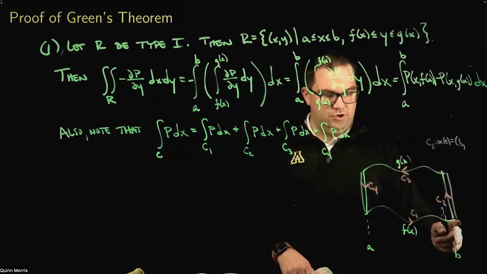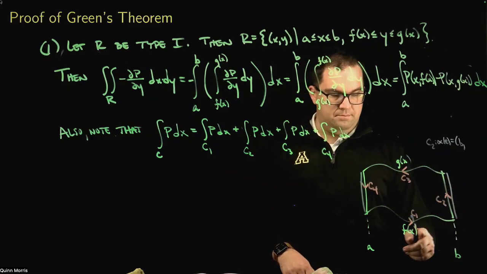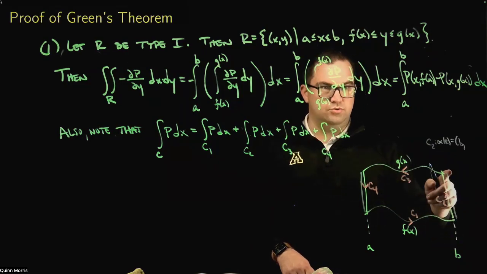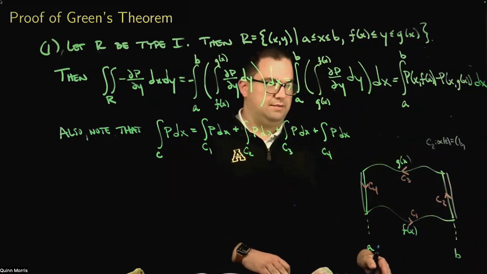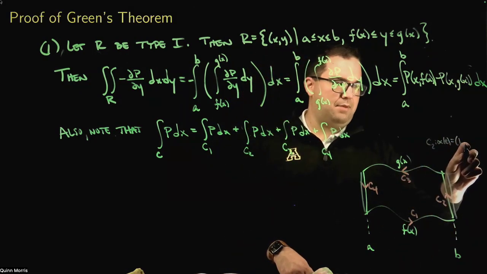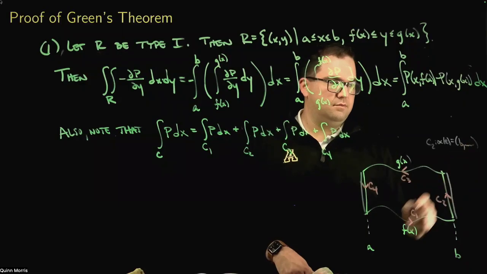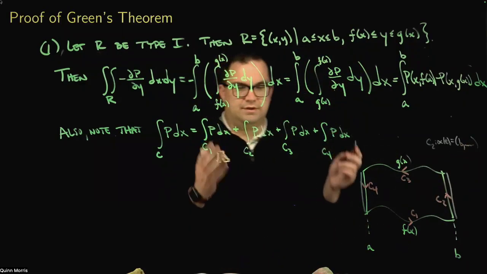Now my y value is going to run from f of b up to g of b. I could parameterize that by something, and it wouldn't take a lot of time.